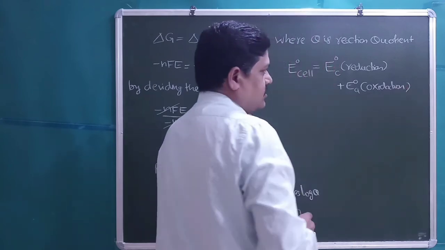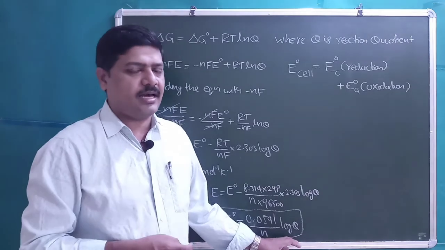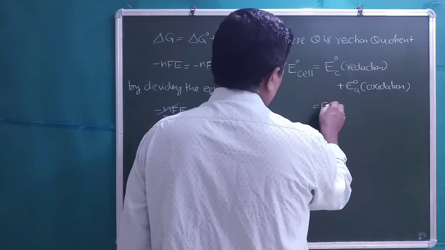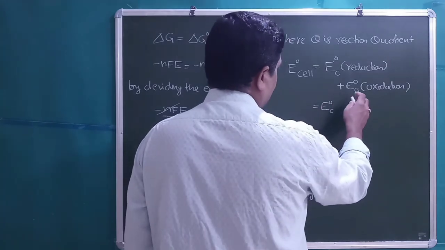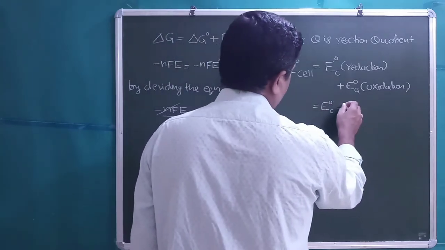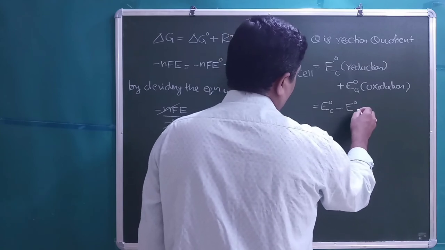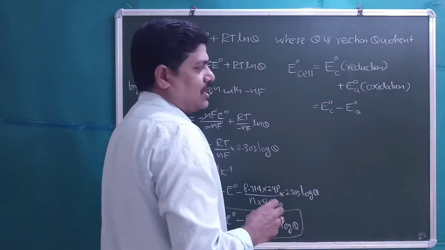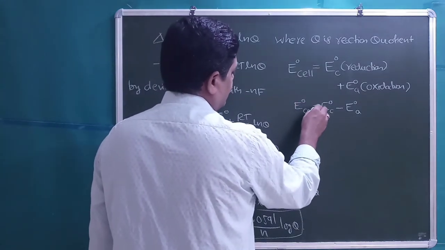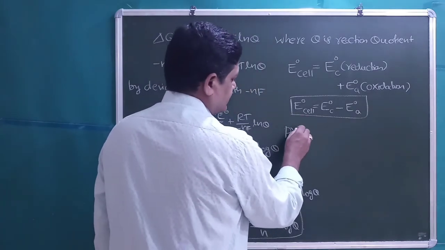But according to the IUPAC convention, all the electrode potentials are represented as reduction potentials only. So while converting the oxidation potential into reduction potential, the plus sign becomes minus. E naught cell is equal to E naught cathode minus E naught anode.